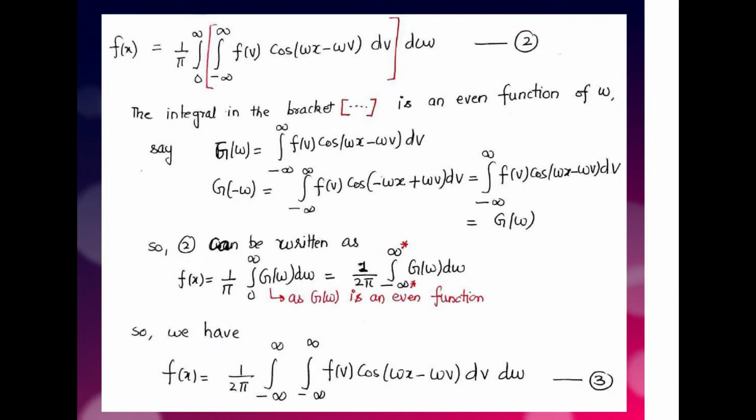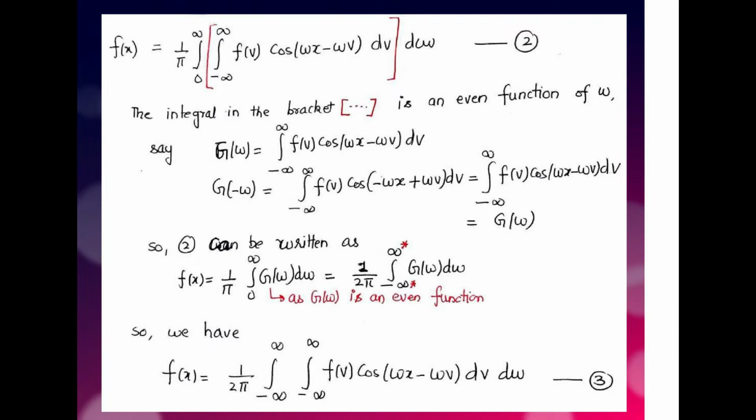We are integrating with respect to v, and then after integration we are integrating with respect to w. So we are treating x as constant. But in the inner integral we are integrating with respect to v, so w will be treated as a constant and this whole integral will be a function of w.